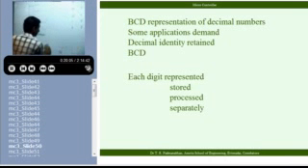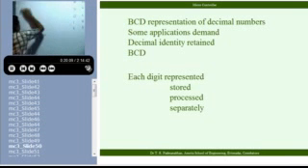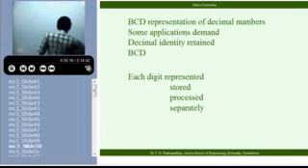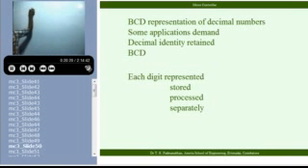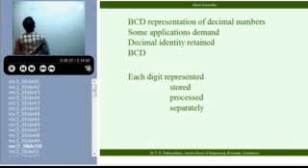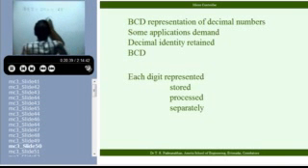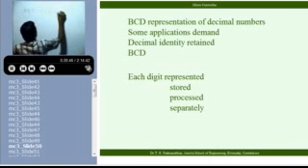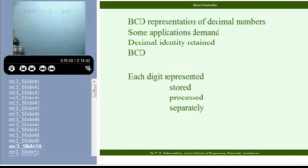Suppose I have a number 847. I put 847 as equal to 512 plus 256, that makes it 768.